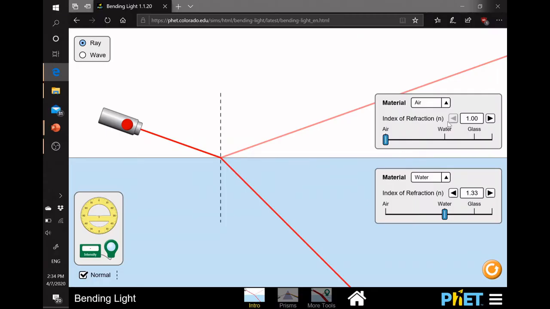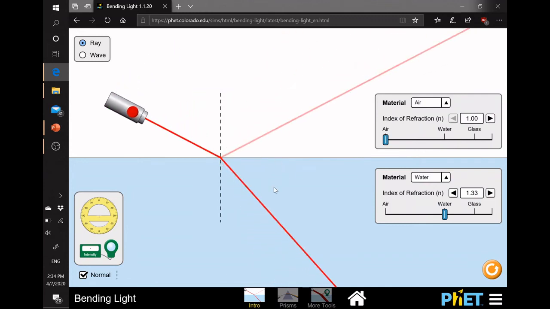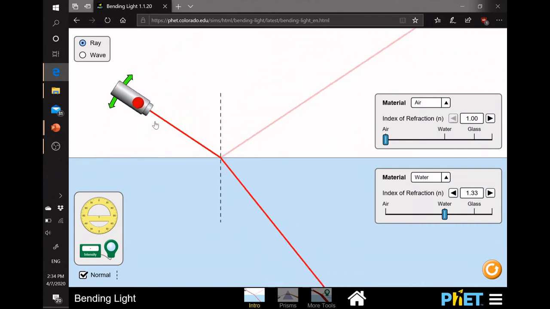And this is why in the simulation, if I start with light in a faster medium like air, and it travels into a slower medium like water, I will never get total internal reflection. I will always have this refracted ray at the bottom, no matter where I move this angle of incidence.